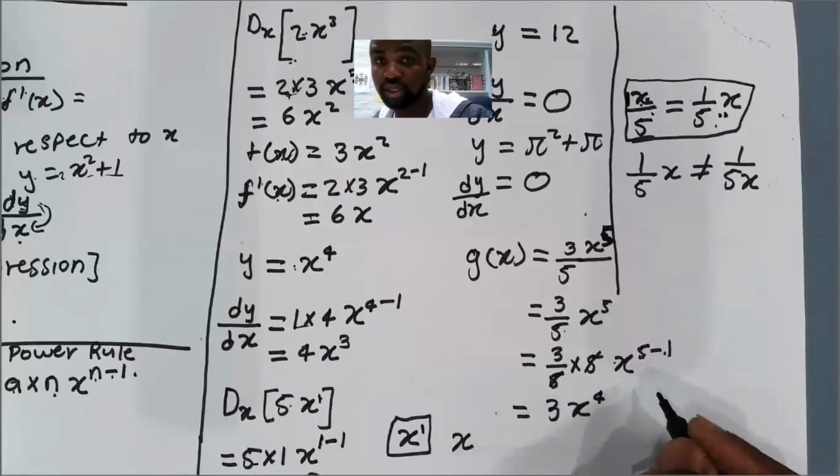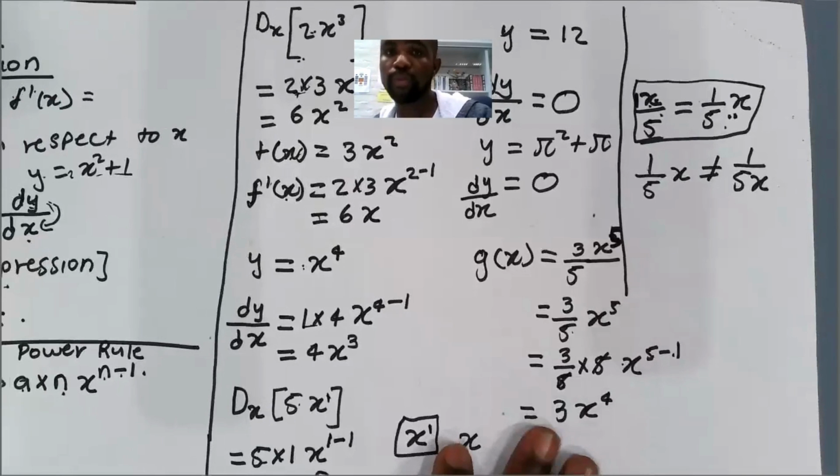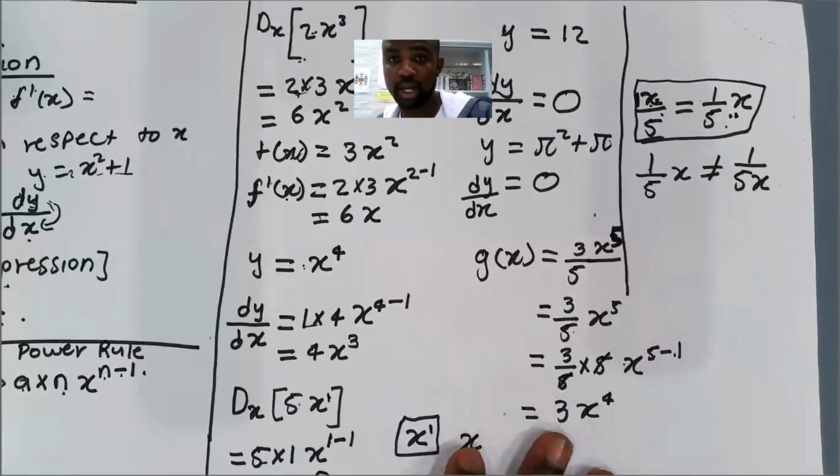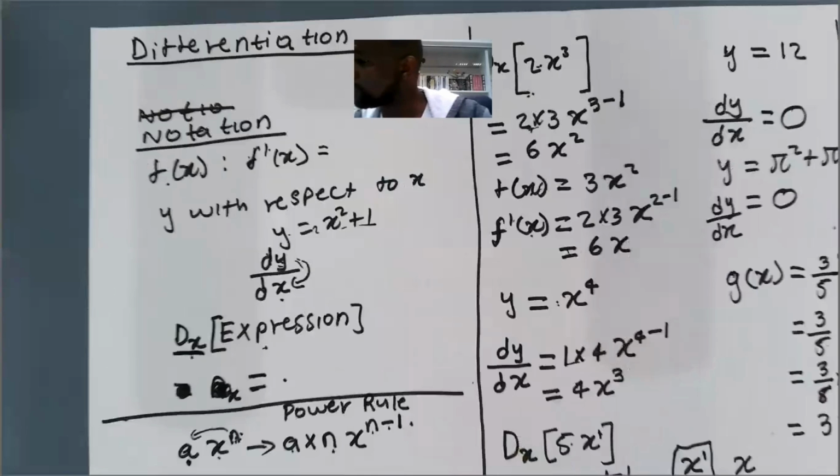I hope you understand. I hope you do understand. Now, I'm just going to do another example, a little bit more of an example. But now, the example that I'm going to do right now is going to involve some knowledge.